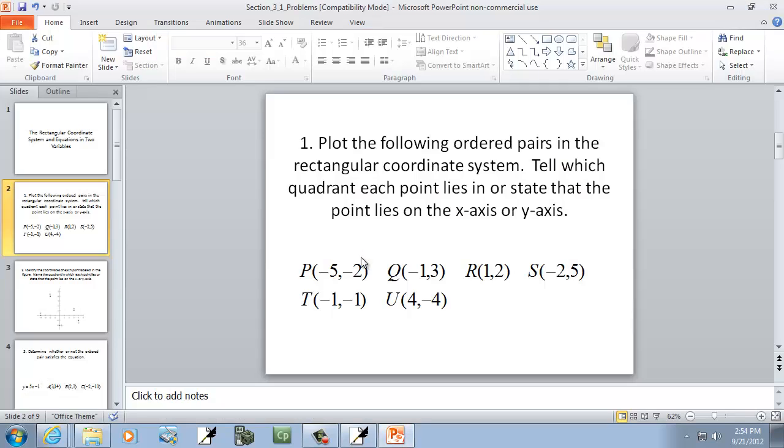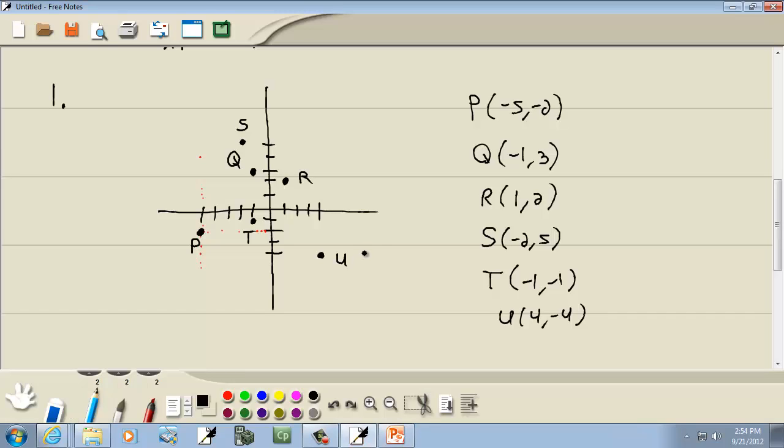Now the second thing it asks for is to tell which quadrant each point lies in, or state that it lies on the x-axis or y-axis. Well, P is -5, -2. And remember this is quadrant 1, quadrant 2, 3, and 4. So P is in quadrant 3.